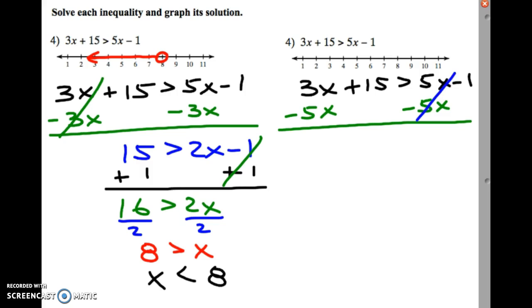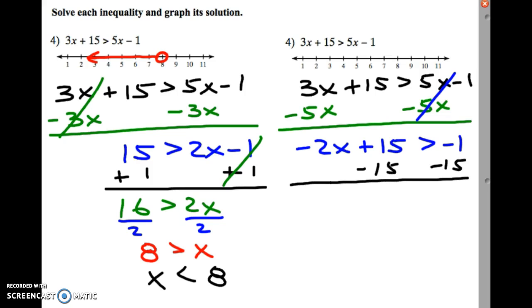The 3x minus 5x would give us a negative 2x. Next, we would subtract the 15. So we get negative 2x is greater than negative 16.